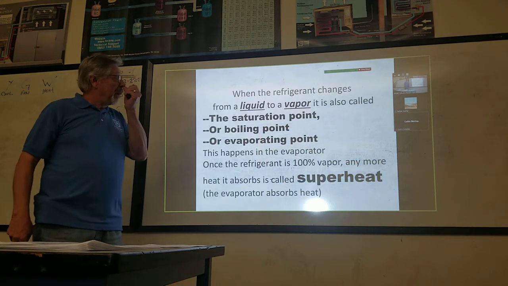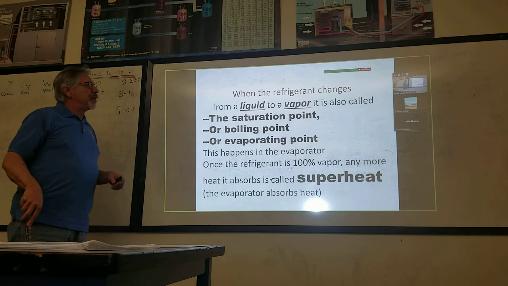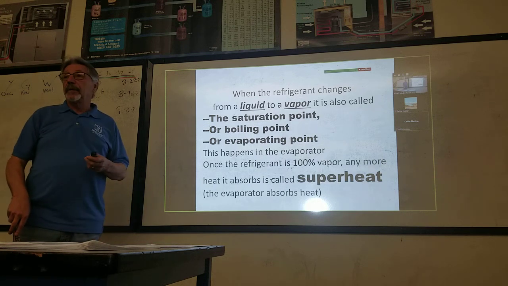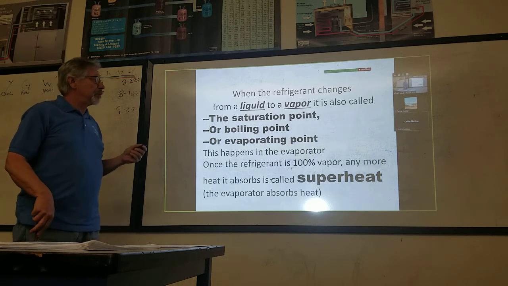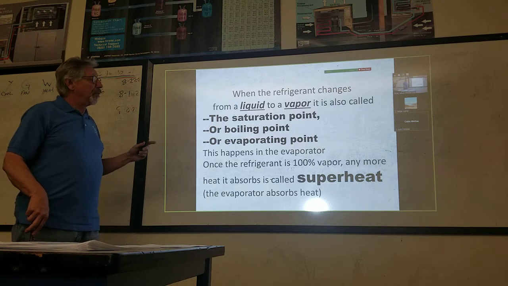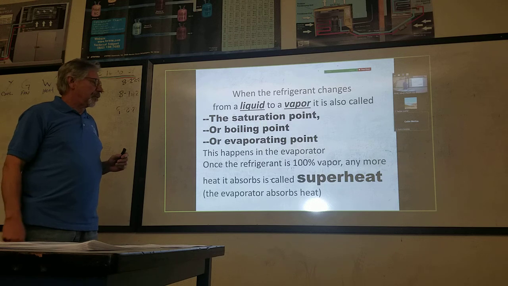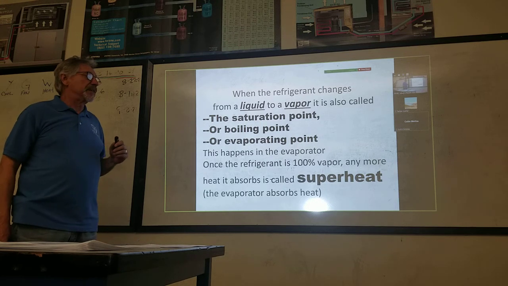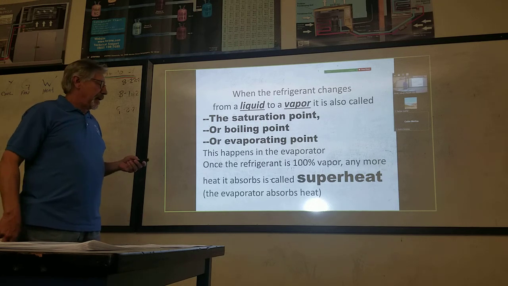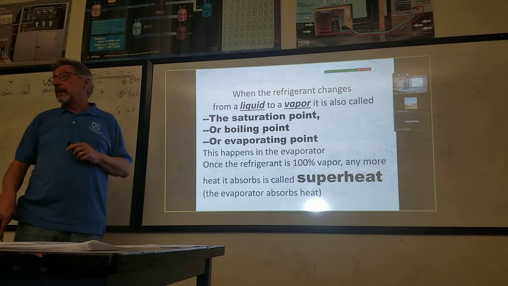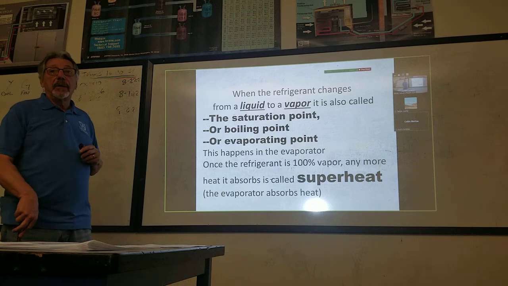Okay. When the refrigerant changes from a liquid to a vapor, it is also called the saturation point, or boiling point, or evaporating point. This happens in the evaporator. Once the refrigerant is 100% vapor, any more heat that it absorbs is called superheat.